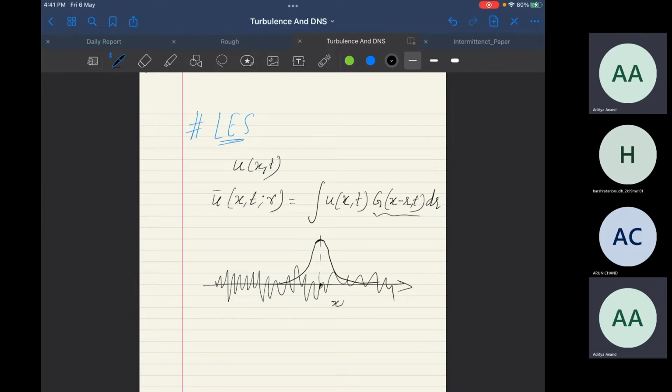When you multiply the function at this point, this is x minus r. When r is 0, this is G(x). What I'm trying to say is, this integral is with respect to r, which is centered at x. So r has its origin here at x, and your Gaussian function is also centered at this point.